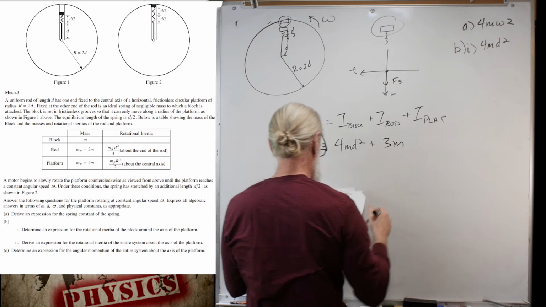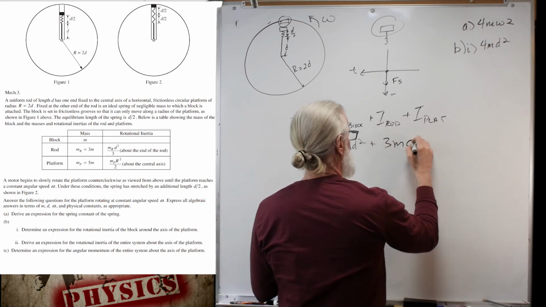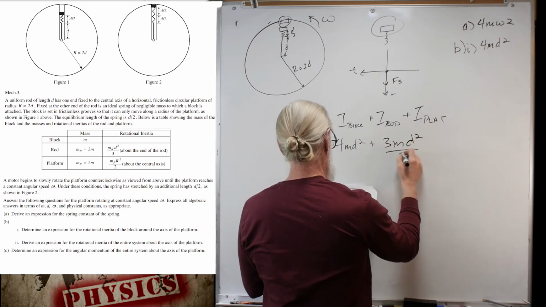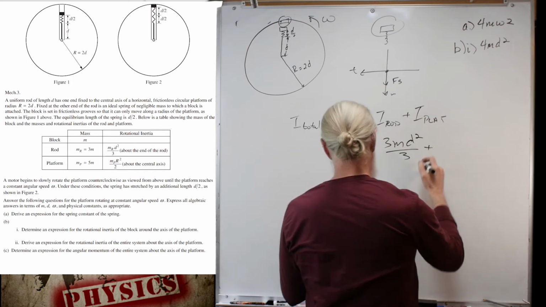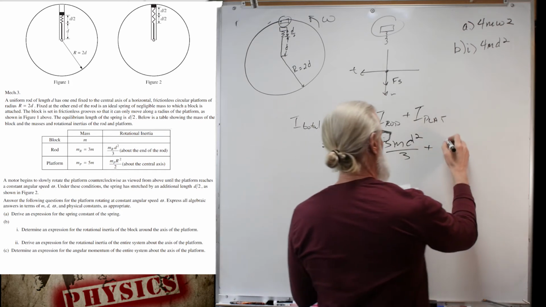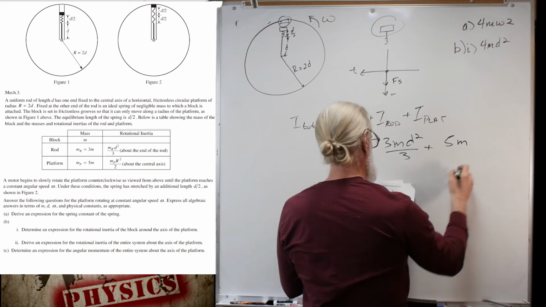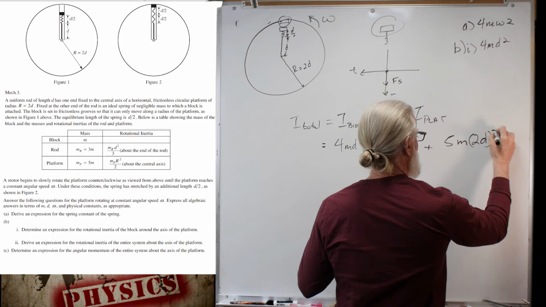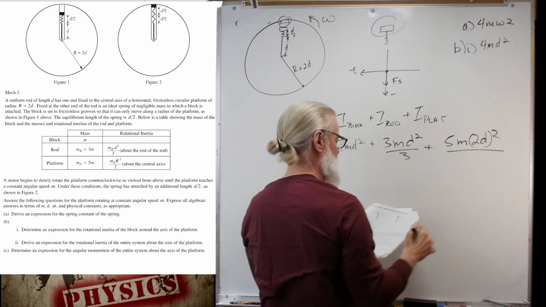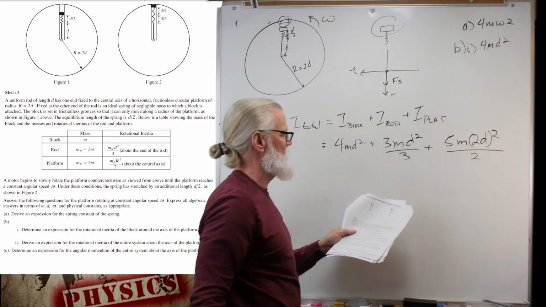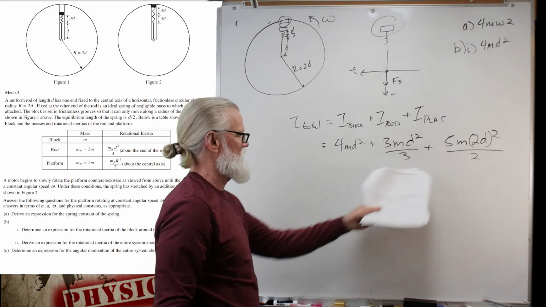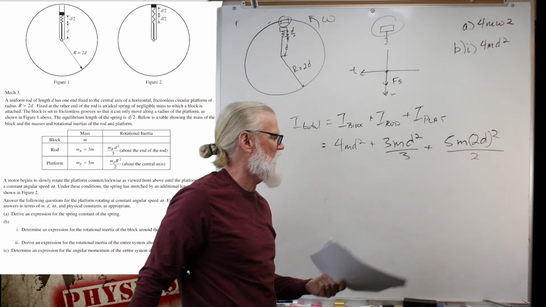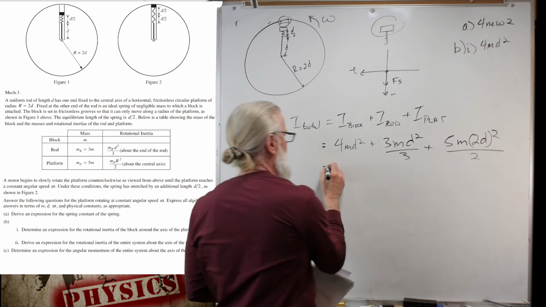It's 3m, mass of the rod, times d squared over 3. Plus mass of the platform, which is 5m, times r squared, which is 2d, divided by 2. I'm just getting this from that table. We just have to be careful with what we put in for mass and r and stuff like that.